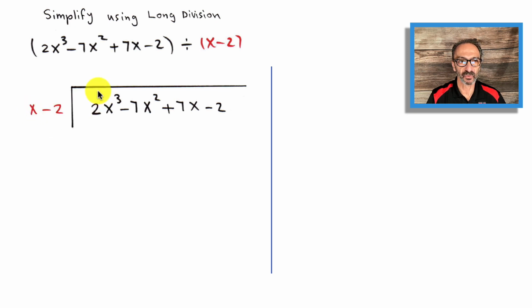Then what we do, we take the leading term, 2x cubed, and divide it by the leading term, x. Let's do that on the side. And what do we get? 2x cubed over x to the first will simplify to 2x squared. That 2x squared goes on top of the x squared term, right here.